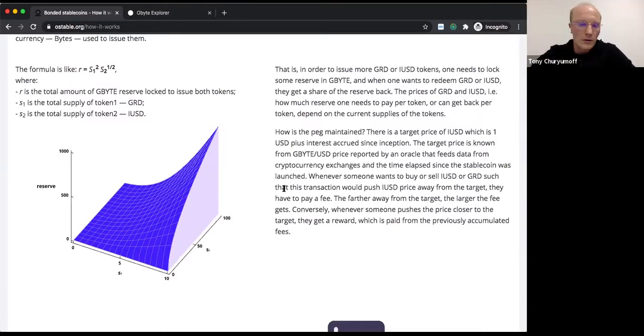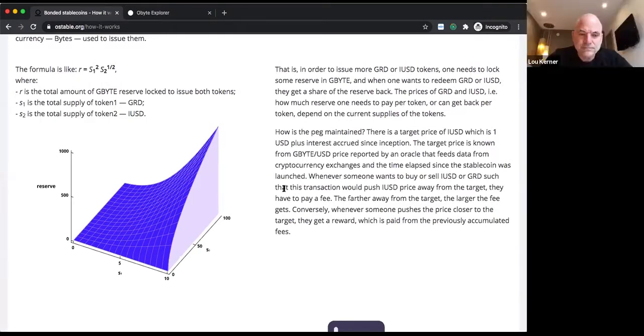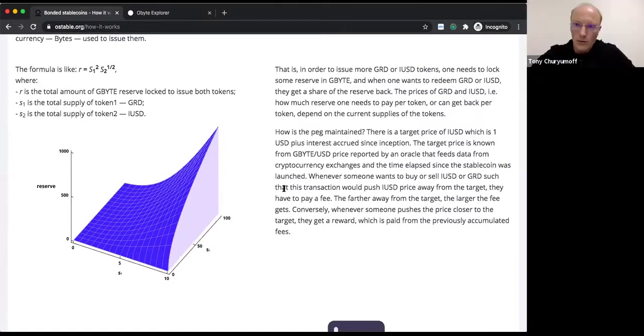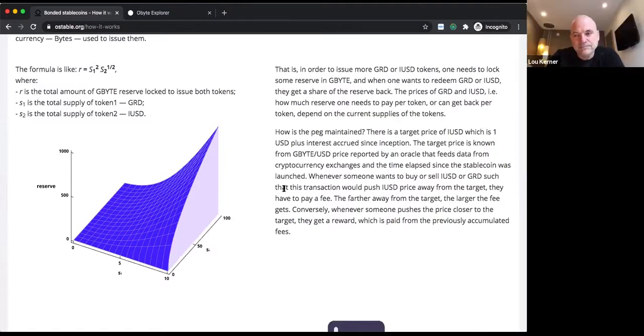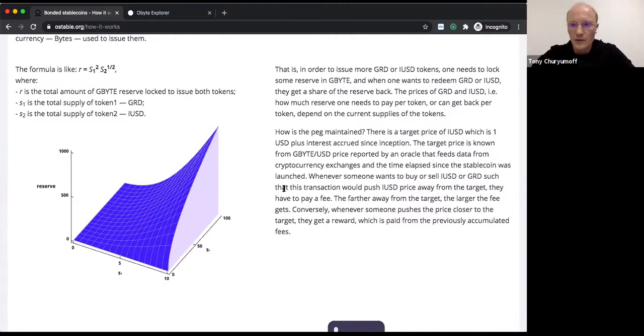And if you do a transaction that changes the price back to the peg, you get a reward. And the reward is paid from the capacitor, which accumulated the fees previously in order to pay you this reward.